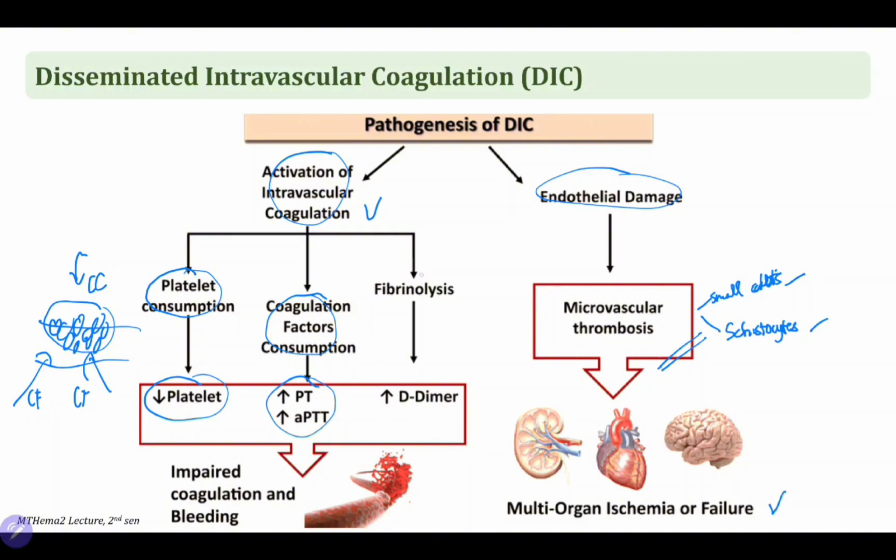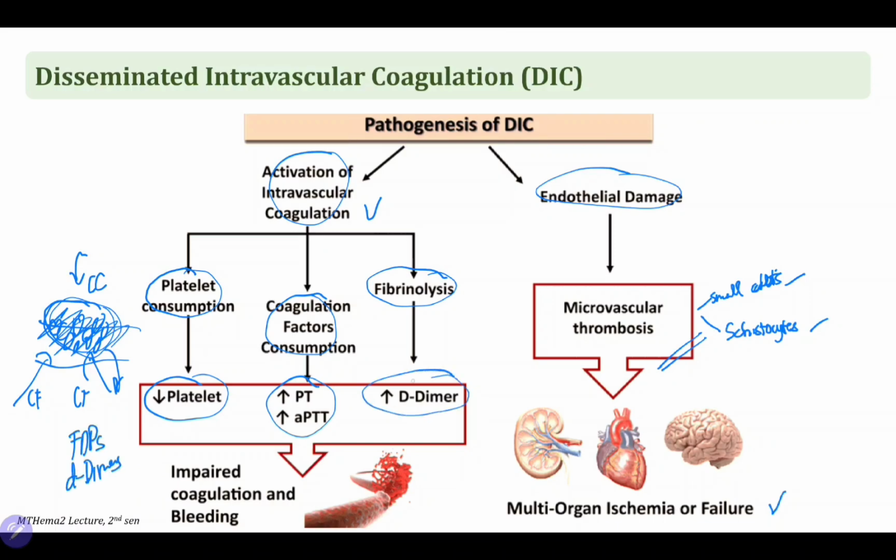And then lastly, there would also be the activation or increased levels of your fibrinolytic system. Okay, so it would always be activated kasi nga, kapag meron siyang nadidetect na clot, ang natural response niya is to dissolve this clot. Now since there would be increased dissolution of your fibrin, there would also be increased levels of your FDPs and your D-dimers.